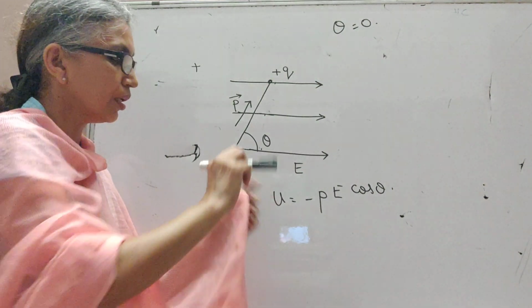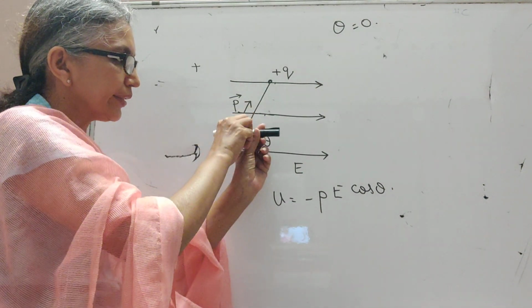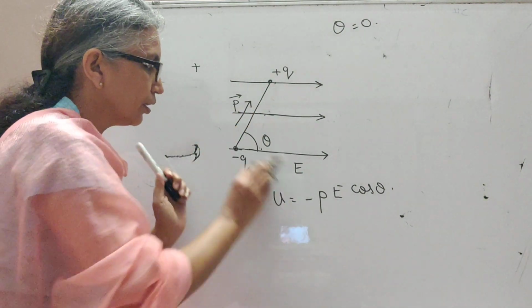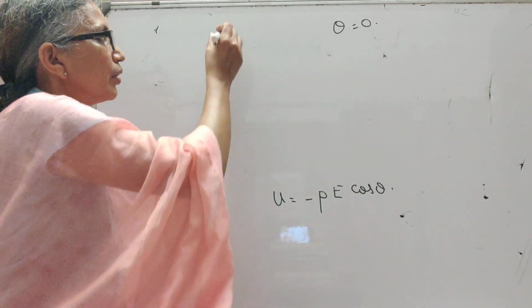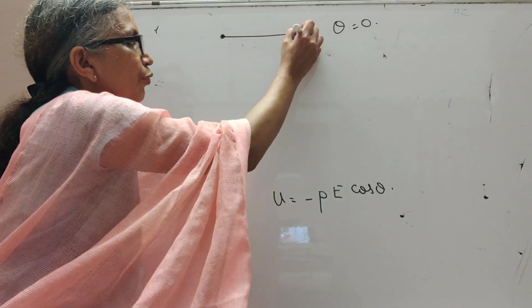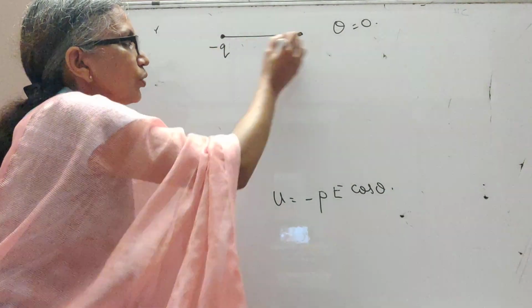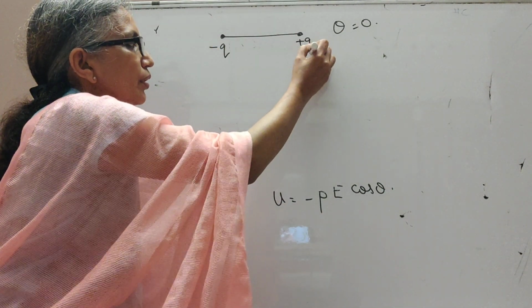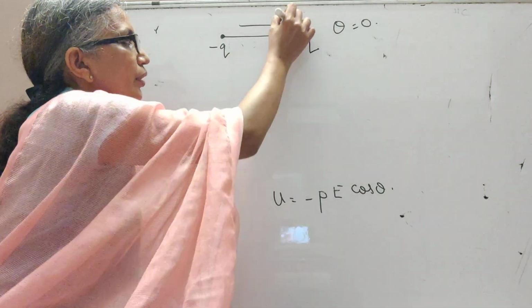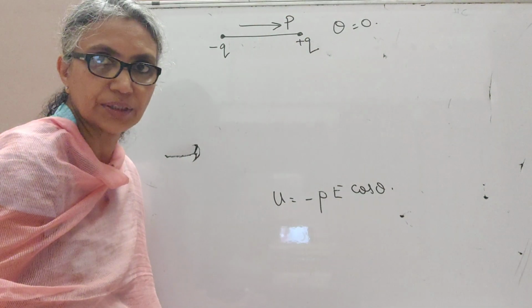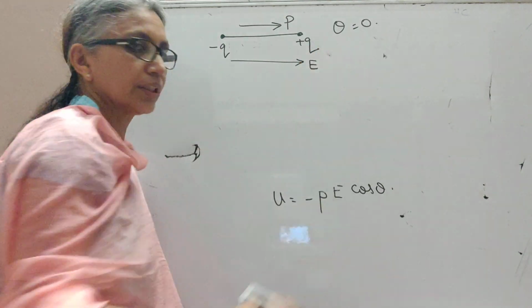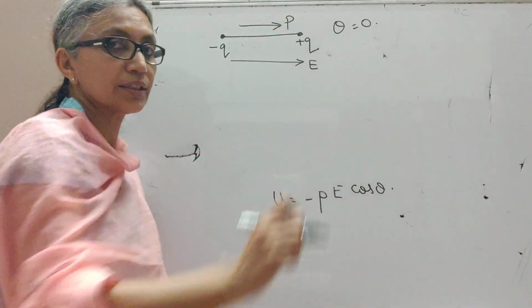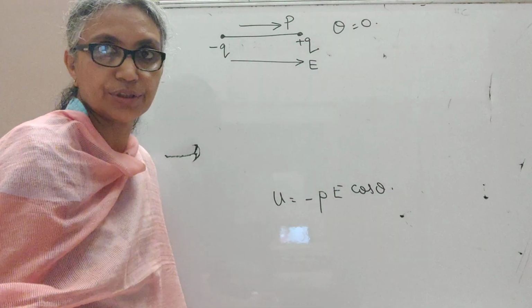Theta 0 would mean your dipole is aligned in such a manner that you have the dipole and the electric field in the same direction. For example, if I keep my dipole minus q to plus q in this way, such that electric dipole moment from minus q to plus q is in the same direction as the electric field, then both P and E in the same direction would mean theta equal to 0.